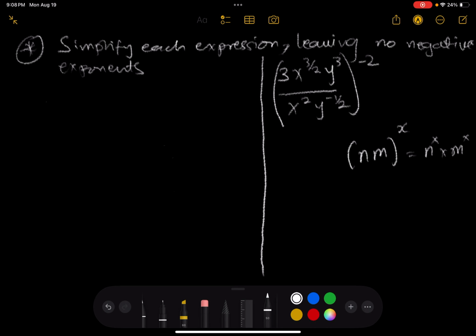So that is what that means. Everything in the parentheses here is covered by the same power. So what I would do is pull out my whole number, which is 3, and once I pull it out, it will be 3 to the minus 2 times everything else, which is x to the 3 over 2 y cubed over x squared y to the minus a half.